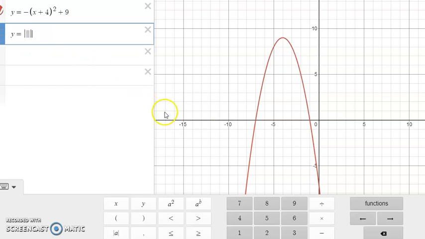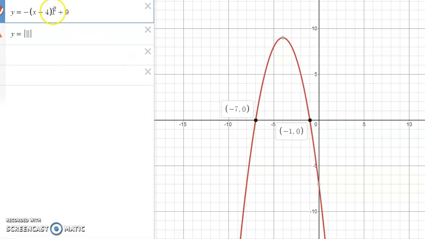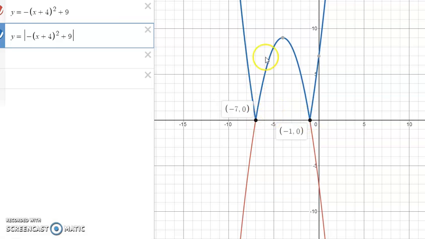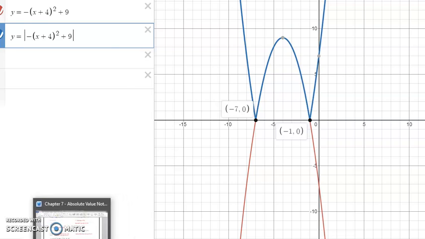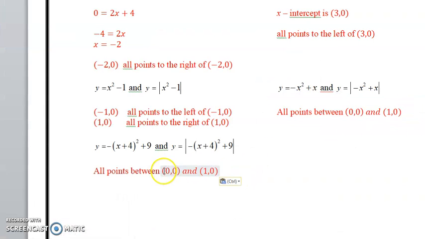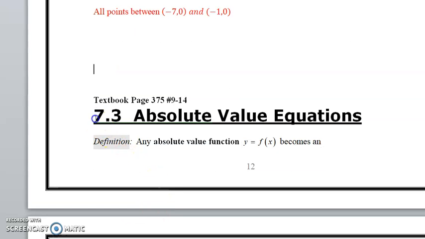Again, it's this part here, negative 7, 0 and negative 1, 0. So you'll see that this is the part that overlaps. What that's going to look like is all points between negative 7, 0 and negative 1, 0. And that's what's called invariant points.